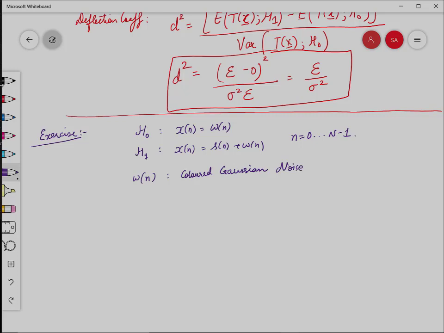What is the property of colored Gaussian noise? That means the noise samples are correlated. So I can denote W as normal with mean 0, and the covariance matrix is given by C. C is called the covariance matrix.